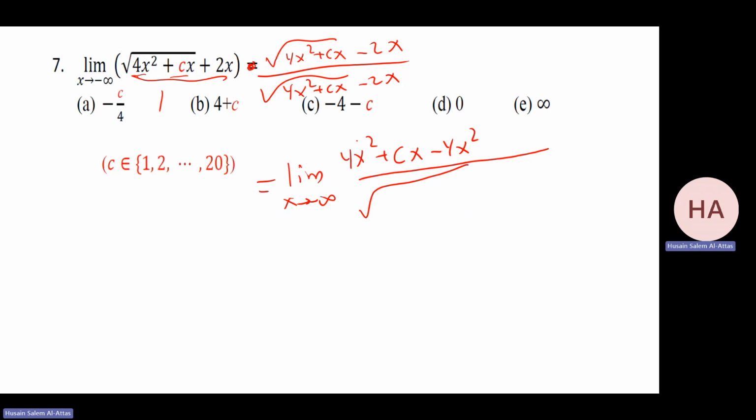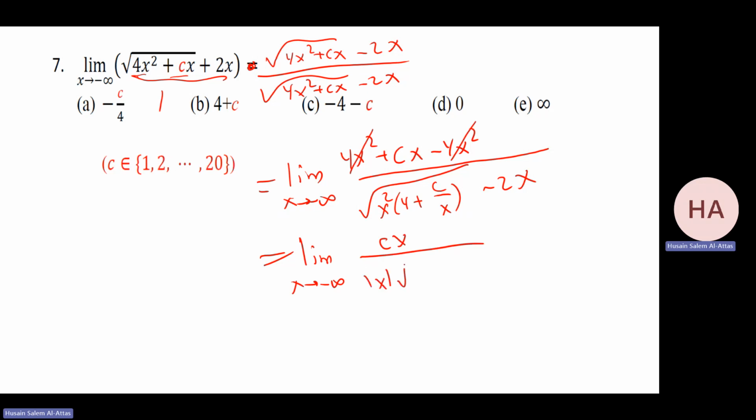I will take x squared as common factor to save time, c over x minus 2x. This is cancelled. This will be cx. This will be absolute value of x. Be careful here. This will be minus x since this goes to minus infinity.